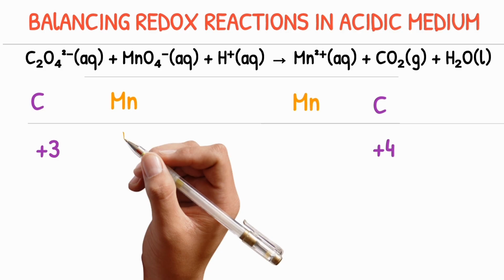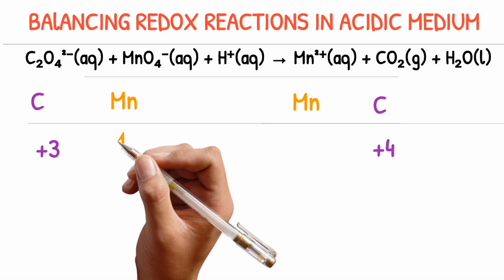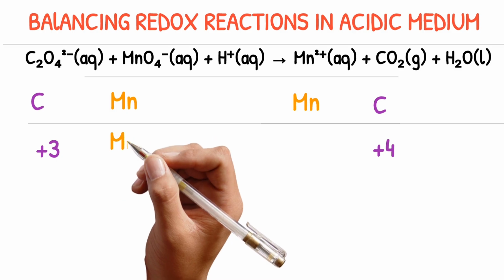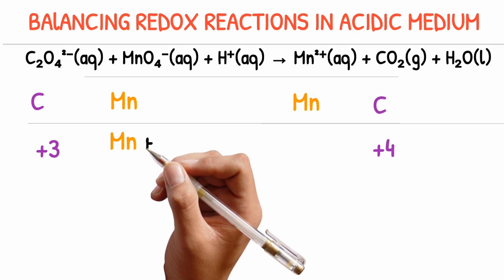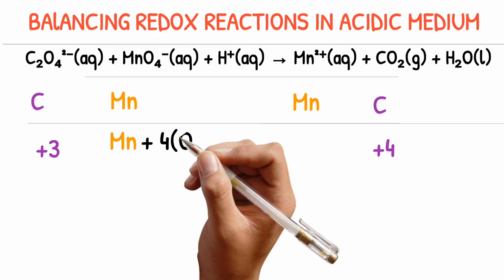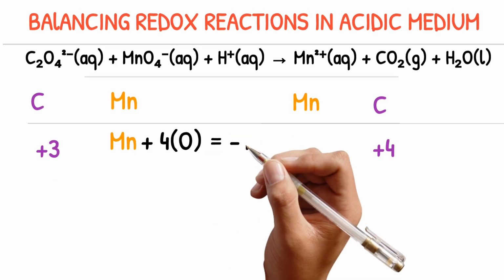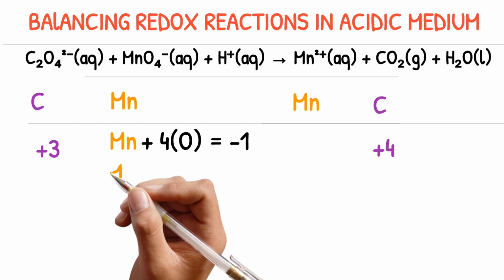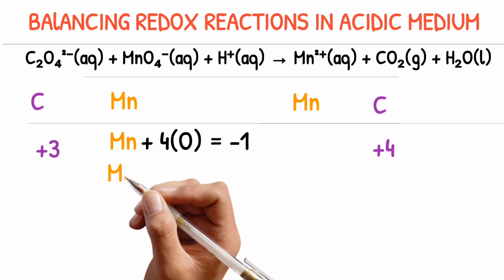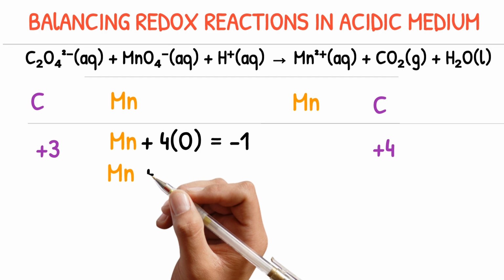Now we are going to continue with calculating the oxidation numbers of the manganese. And first we are beginning with permanganate ion. We are going to calculate the oxidation state of manganese in permanganate ion. So we are going to write our manganese plus 4 oxygen atoms. There are 4 oxygen atoms in permanganate ion. We are going to equate to -1 because the charge on that polyatomic ion is -1.